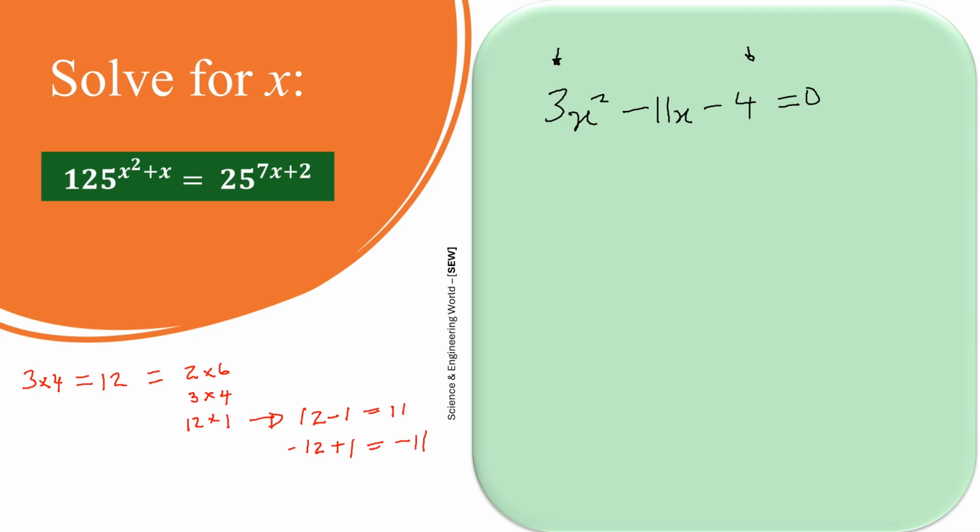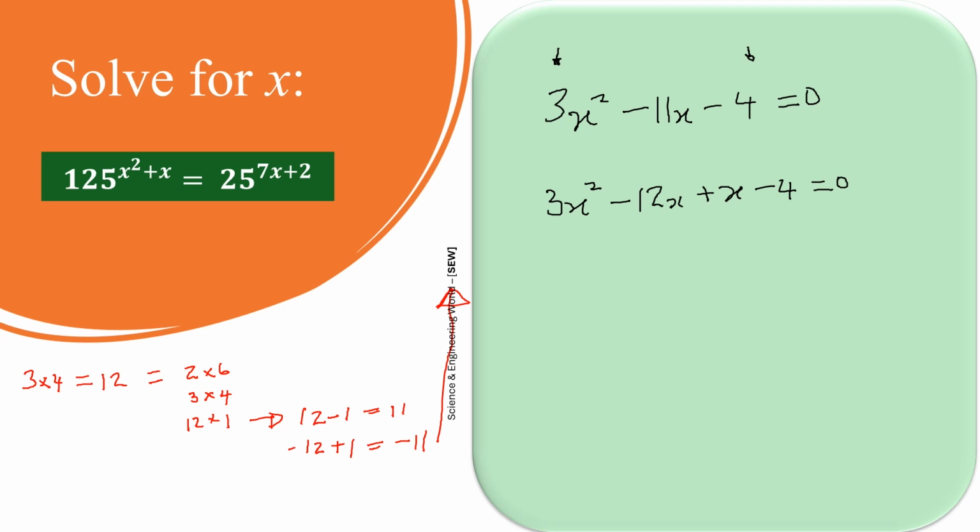So let us apply this above. We now have 3x squared minus 12x plus x, because we want minus 11, minus 4 equals 0.